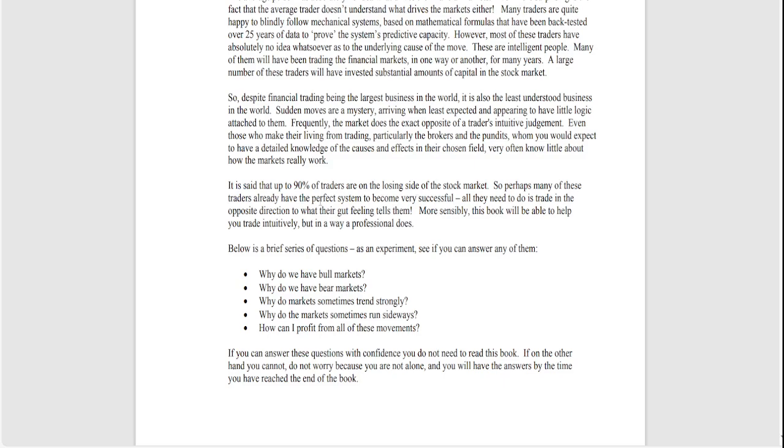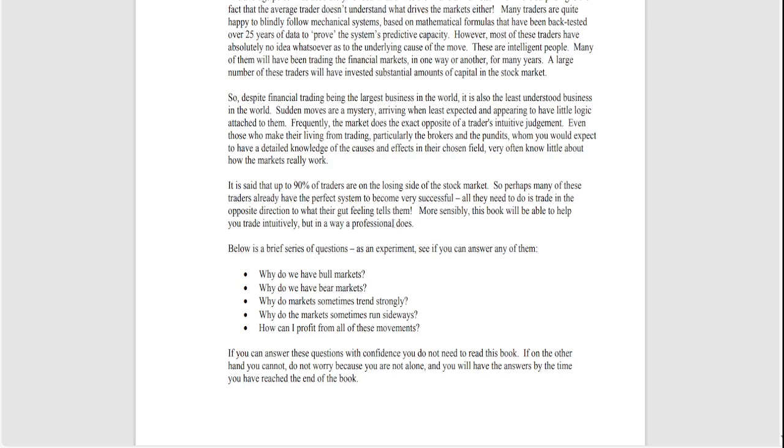Many have a perfect, very successful system, but their psychology and gut feel is disturbed, their mindset is different, and they are still not able to trade profitably even with a strong, perfect system.